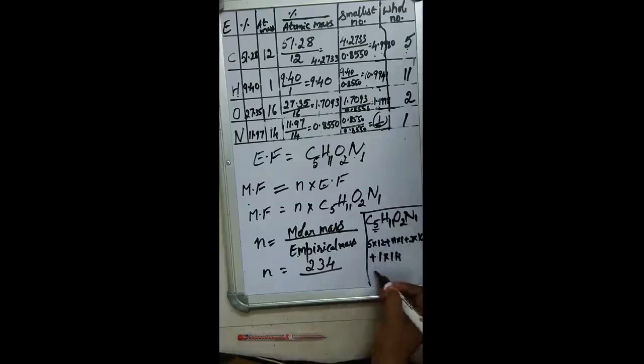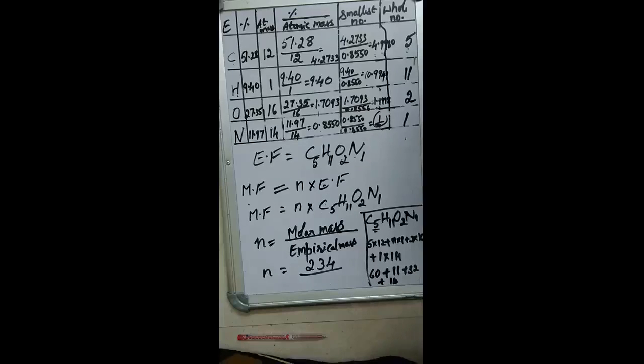So 5 12s are 60, 11 ones are 11, 2 16s are 32, plus 1 14 is 14.